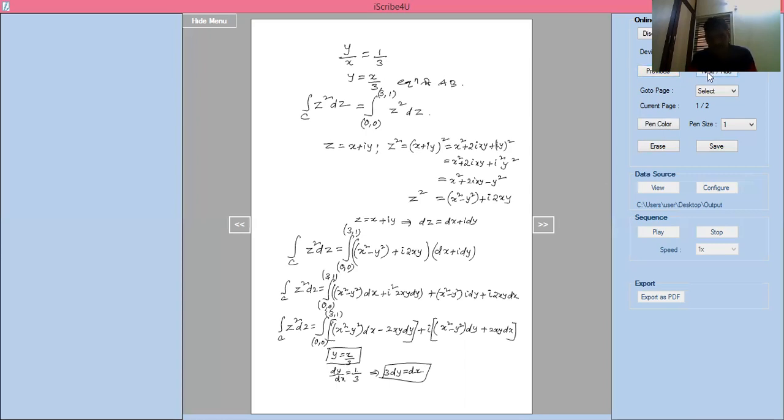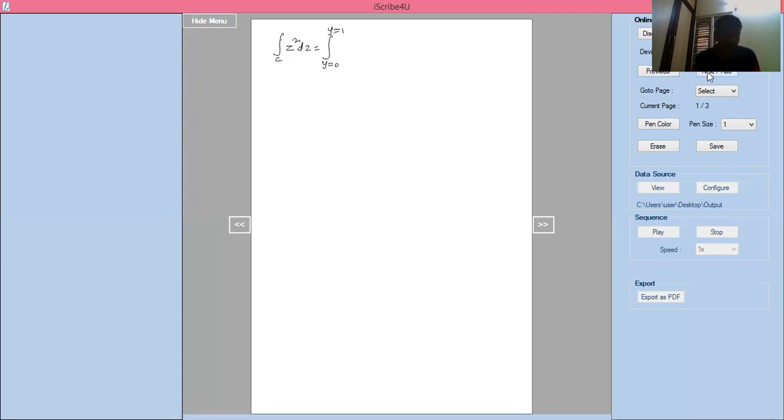In the place of x, we are going to put 3y. Now if I put (3y) whole squared minus y squared, into dx, which is 3 dy, minus 2 into, in the place of x, 3y, into y into dy. This is the first term.